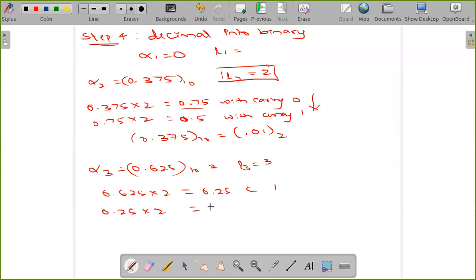It is 0.5. 0.5 means carry equals 0, because whatever is before the decimal point indicates the carry. I want to take one more step, because here I get only 2 bits and my L value is 3 bits. 0.5 into 2 is 1. 1 will be the carry and the remaining.